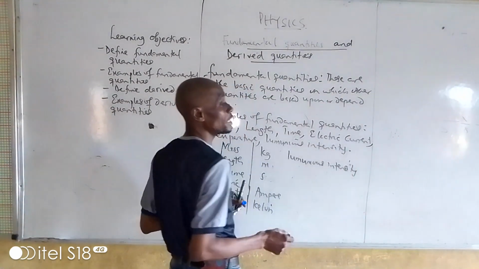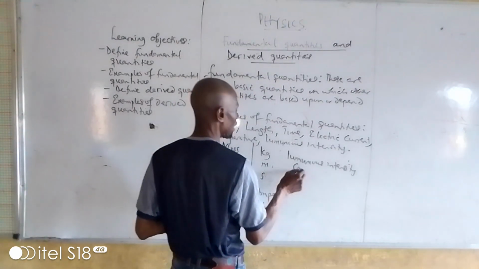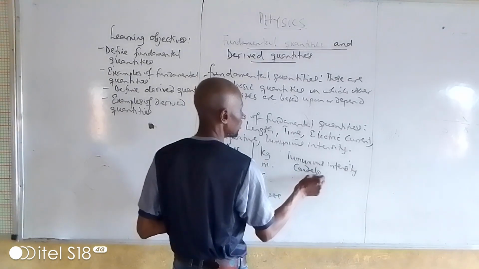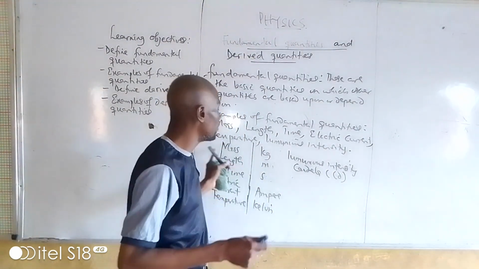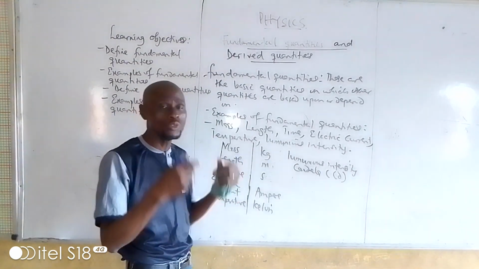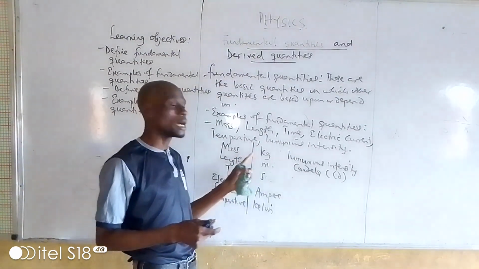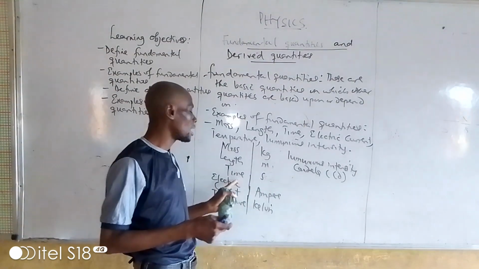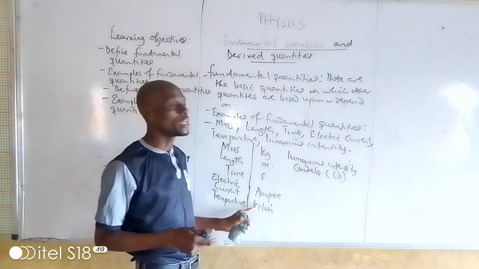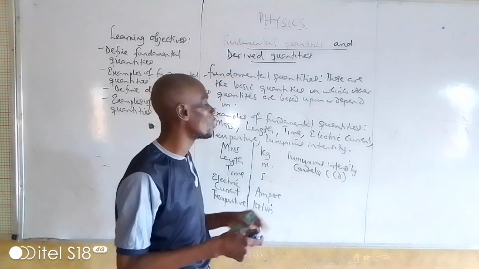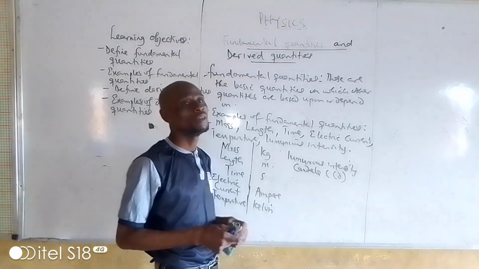This one is measured in candela, which is cd. So you can see that each of these fundamental quantities has its respective unit. Mass, kilogram; length, meter; time, seconds; electric current, ampere; temperature, Kelvin; and luminous intensity, candela, cd.